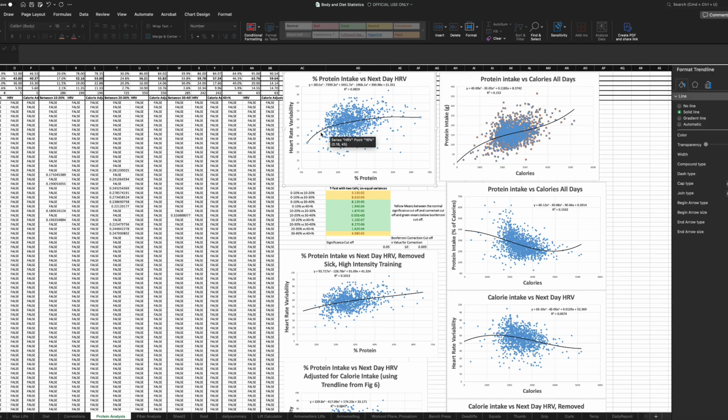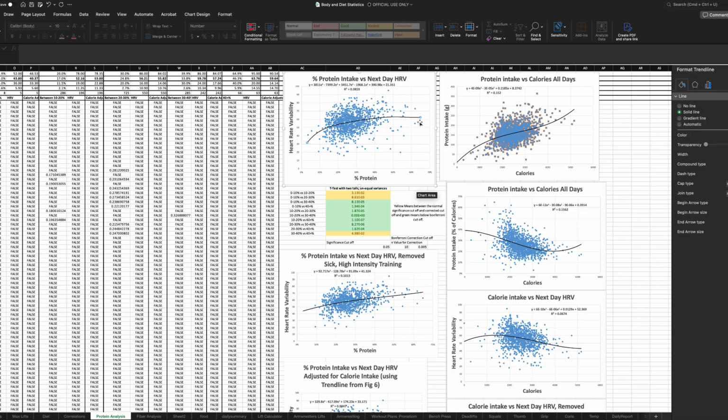So this is not saying that it's statistically accurate or significant to use that line and say, yeah, this is exactly what I'm expecting for my heart rate variability if I eat this much protein, right? But visually, it gives an indication of, is there possibly any correlation, right?